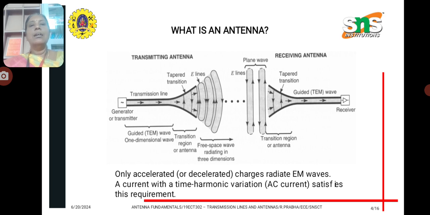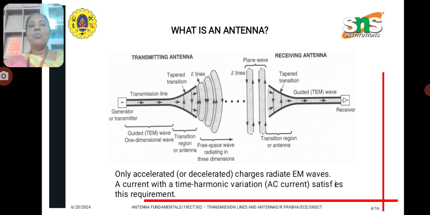Here, the antenna is a transition device which converts the one-dimensional wave from the transmission line into a three-dimensional wave in free space. This is the case of the transmitting side, and at the receiving side it is vice versa, that is, the three-dimensional free space wave is absorbed by the antenna and converted into a one-dimensional guided wave, and it is given to the receiver.